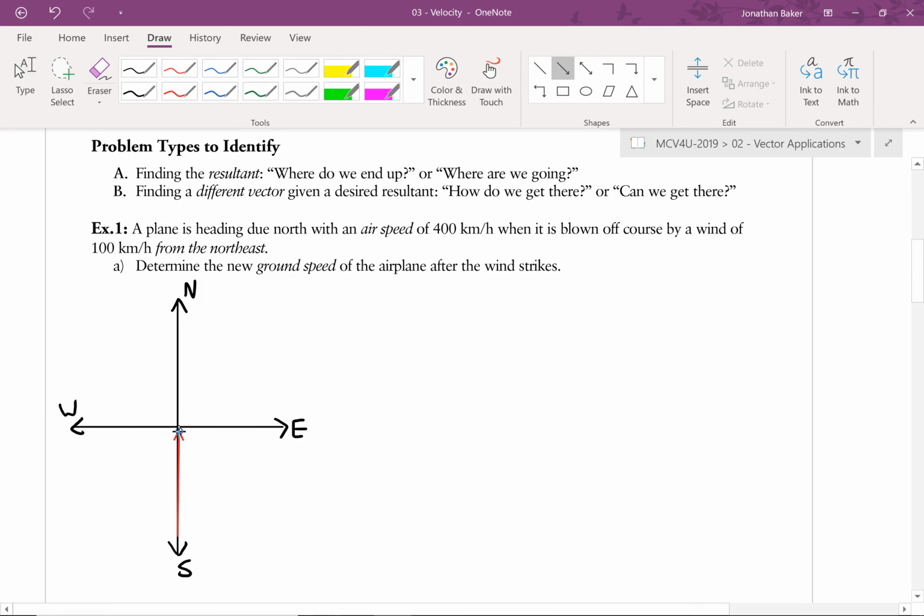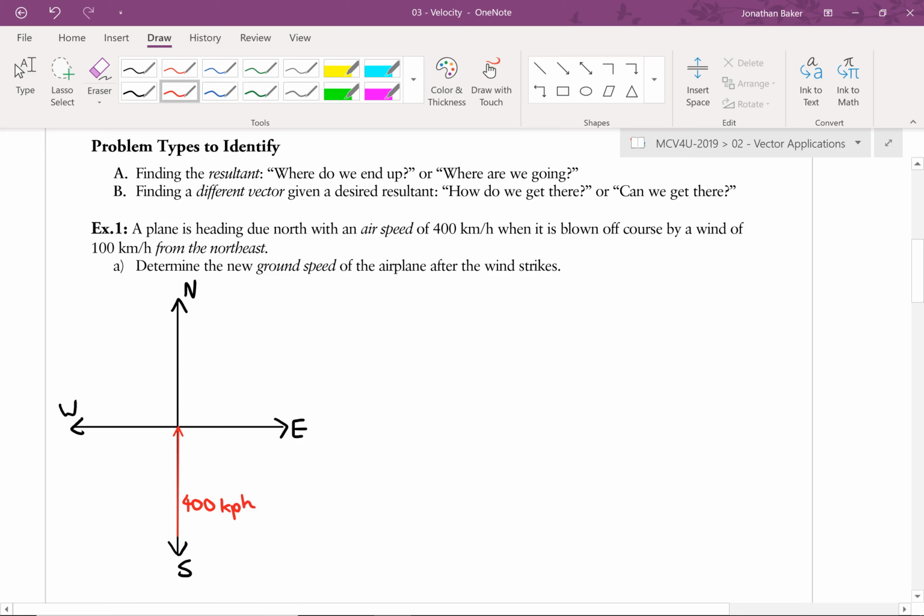We'll just show this coming up here to the origin. It doesn't matter too much how we do this, or where you put this, but this is good enough. So this is, of course, 400 kilometers per hour. So we're flying the plane north at 400 kilometers an hour.